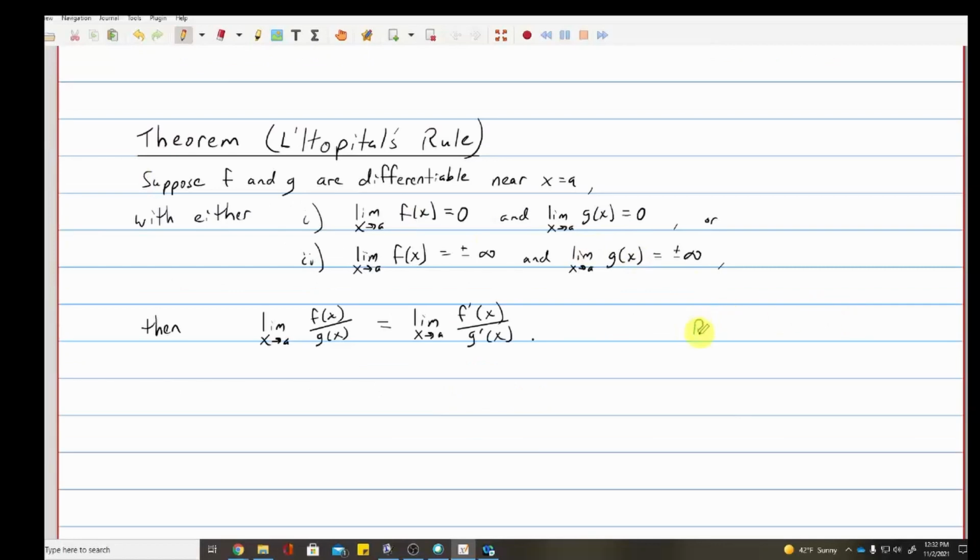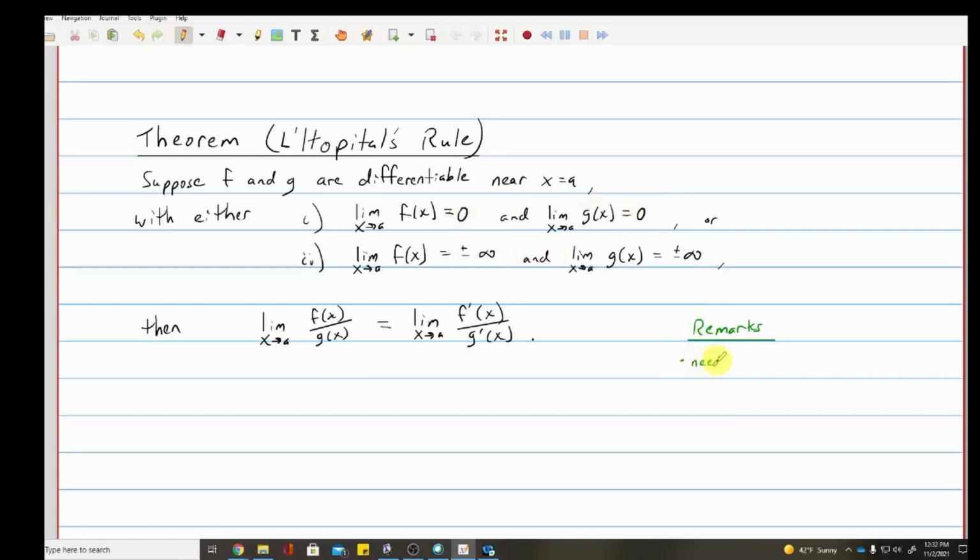So I want to make a couple of comments before we look at an example. First of all, my conditions are talking about what's going on with the limit. Typically, we think of a limit of a single function. What we're doing here is we're really emphasizing a numerator and denominator as being separate functions. Okay, but I need that they're either both 0 or they're both infinite.